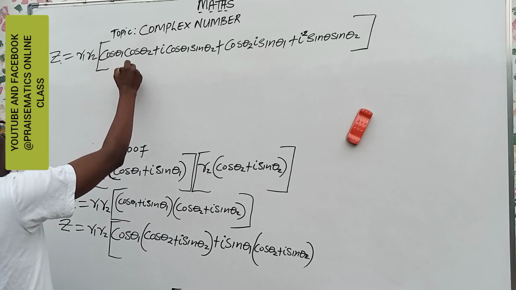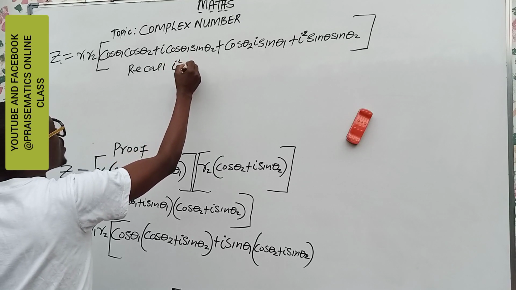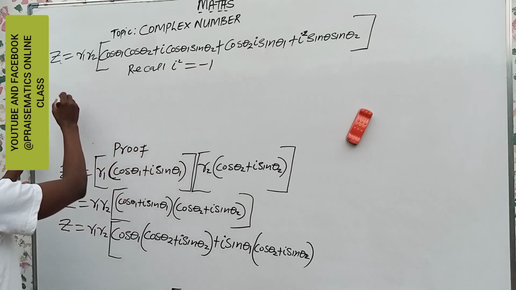We'll always recall that i squared is always minus 1. So we substitute.